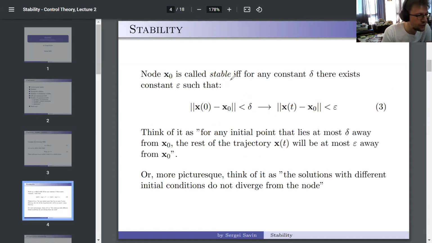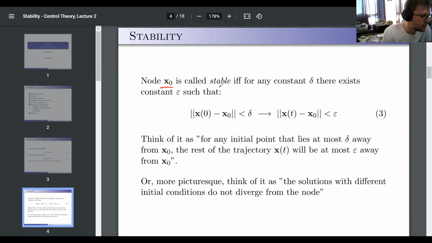By definition, we call a node stable if and only if for any constant delta, there exists epsilon such that, I guess you can reverse it, but let me try it first this way and then we'll reverse it, the initial condition x being in the delta vicinity of x naught implies that the solution at any point of time is going to be in the epsilon vicinity of x naught.